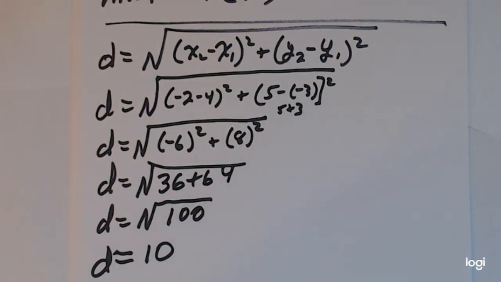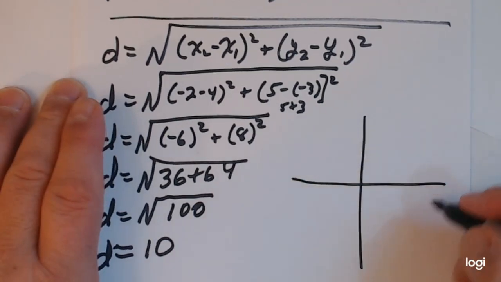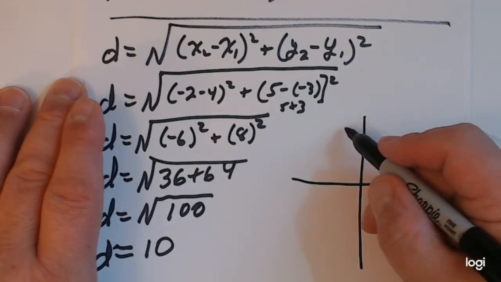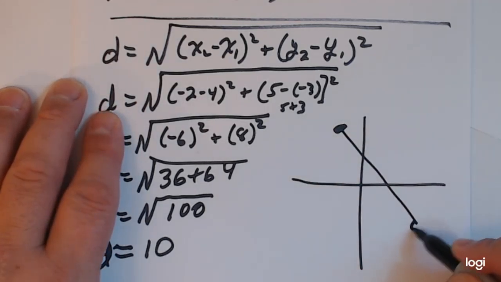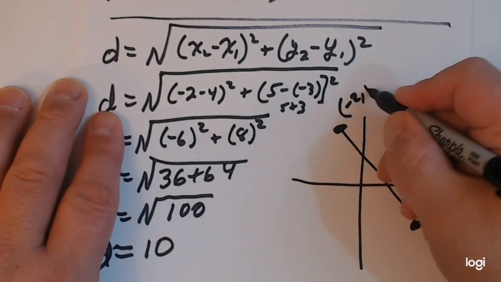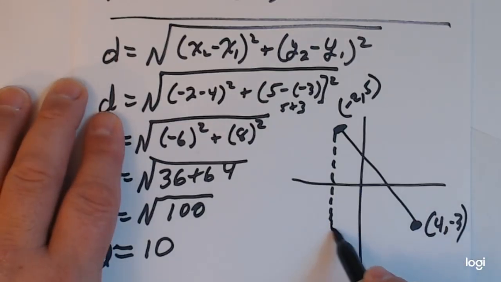Now we're going to draw this thing. We already did that, didn't we? Okay. Well, I'll do it again. 4, negative 3, negative 2, 5. We're going to drop down a vertical and write in a horizontal.